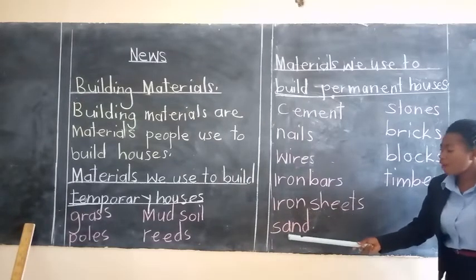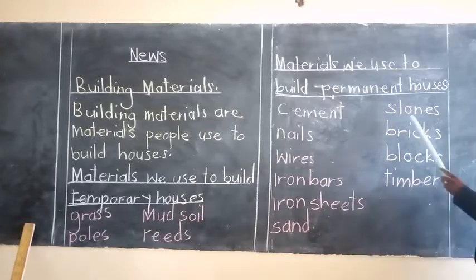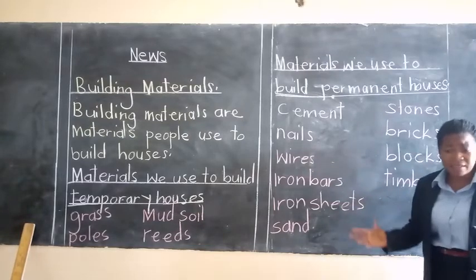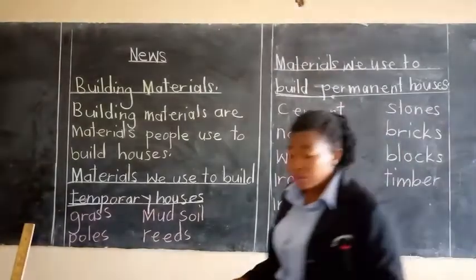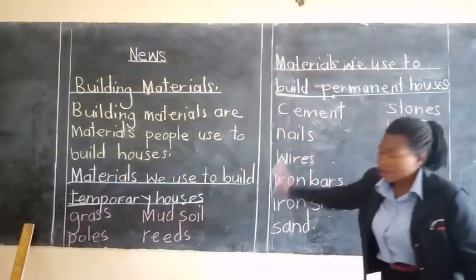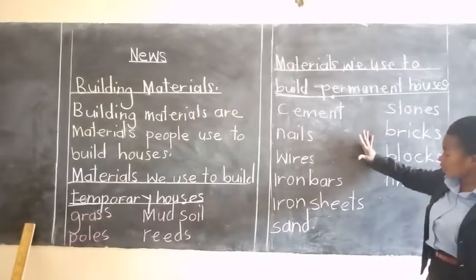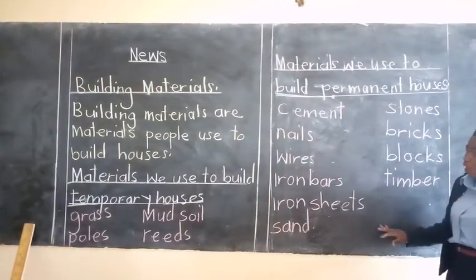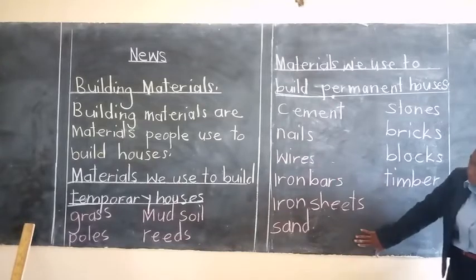We also have sand and stones, bricks, blocks, and timber. So there are other materials that we can use when we are building our house. But these are just a few. So the list is endless. So we shall continue adding.